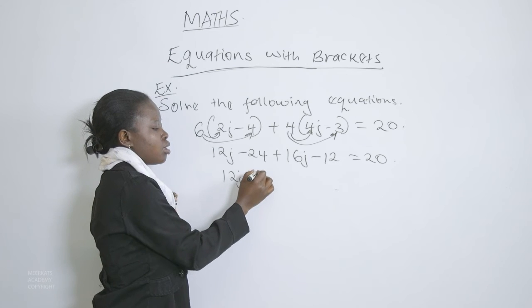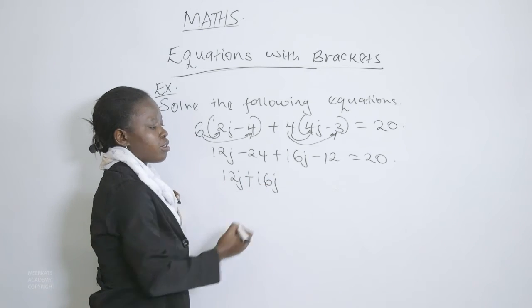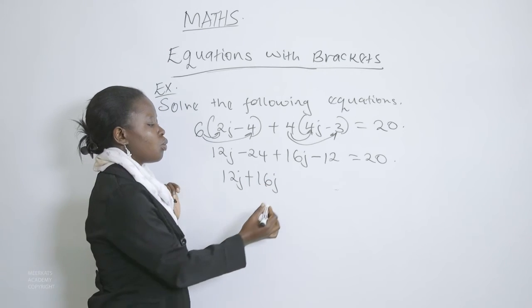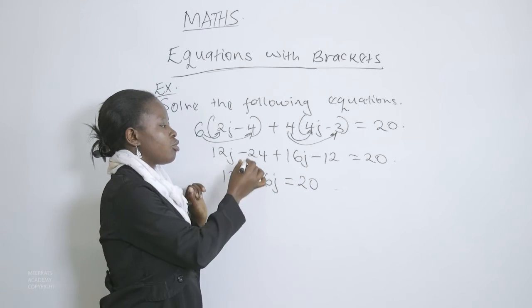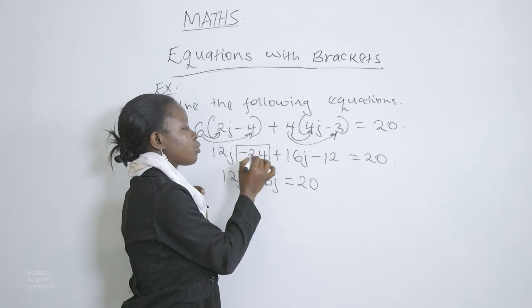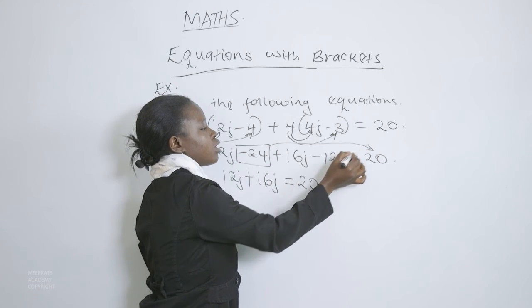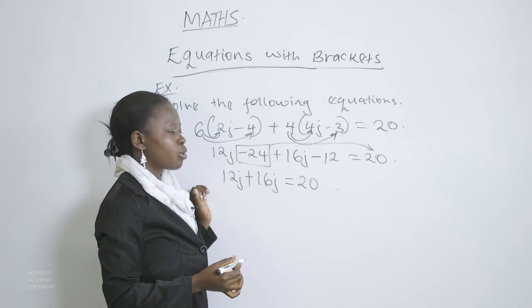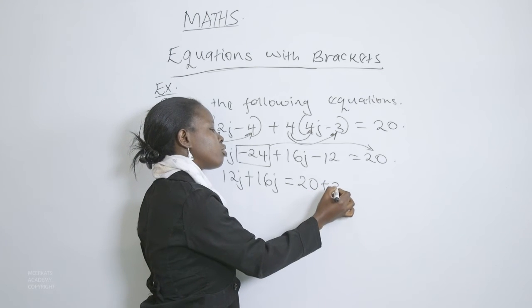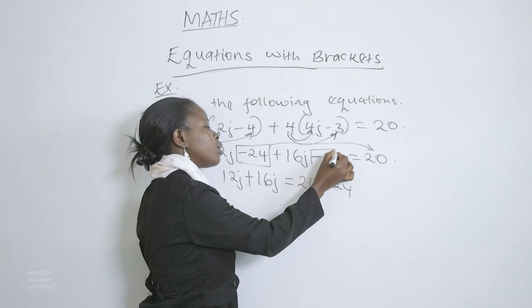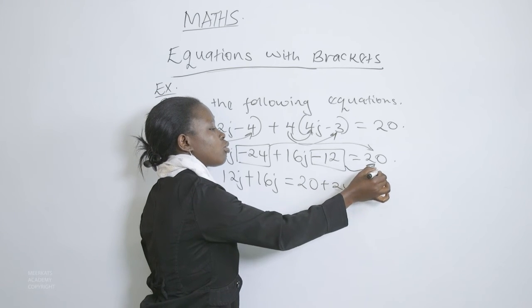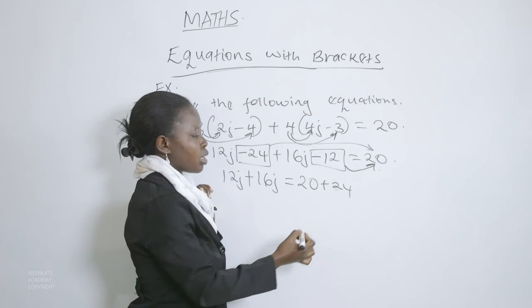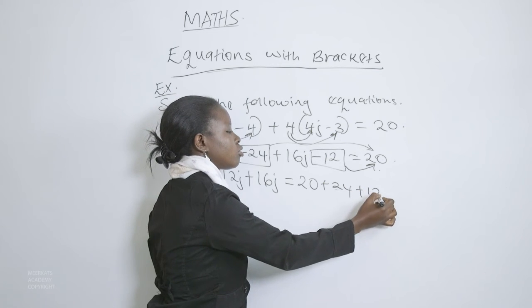So 12j plus 16j will be equal to 20. 24 is negative. When it crosses the equal sign, it becomes a positive. So plus 24. Then we have minus 12 as another like term. When minus 12 crosses the equal sign, it becomes a plus 12.